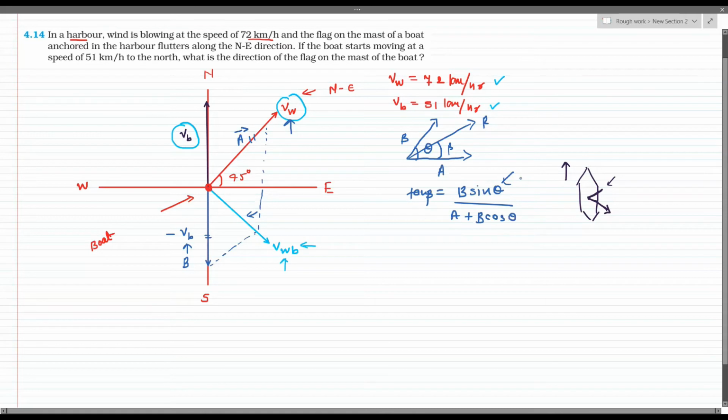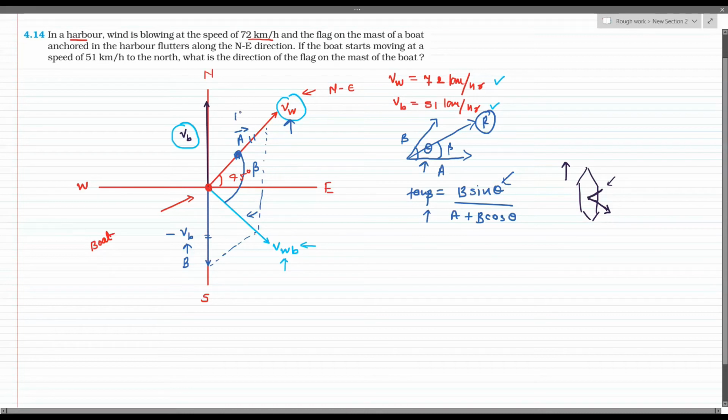Here theta is the angle between the two vectors, while beta is the angle made by the resultant vector with the reference vector. So let us make this vector the reference vector, and the resultant vector makes angle beta with the reference vector, right?